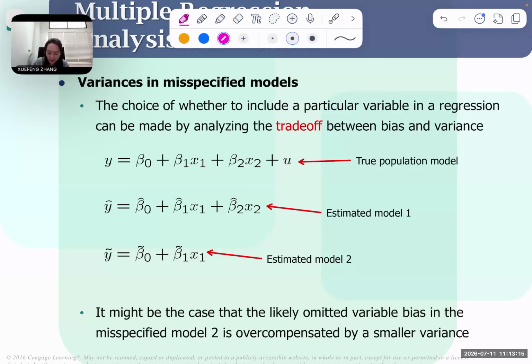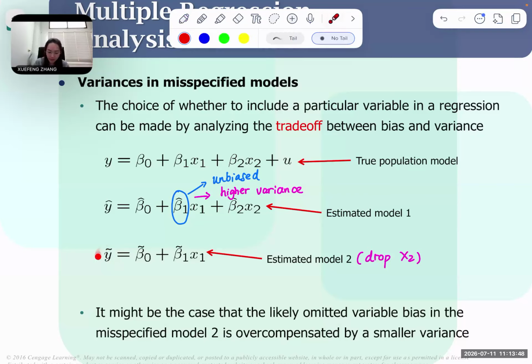Let me write it down here. Beta 1 hat, in this case, is unbiased, but higher variance. Let's see our estimated model 2. So in this case, we drop x2.